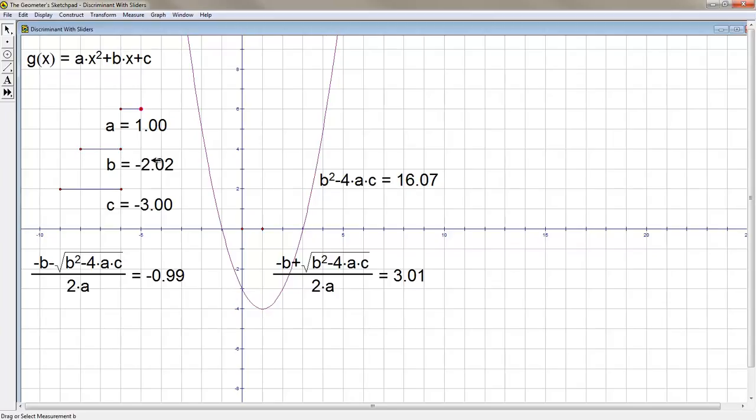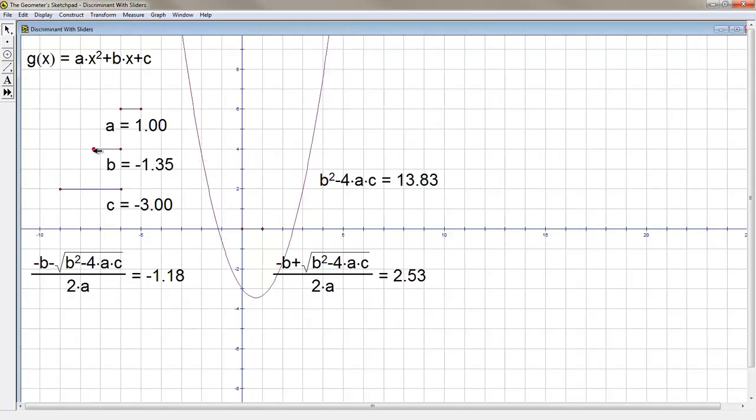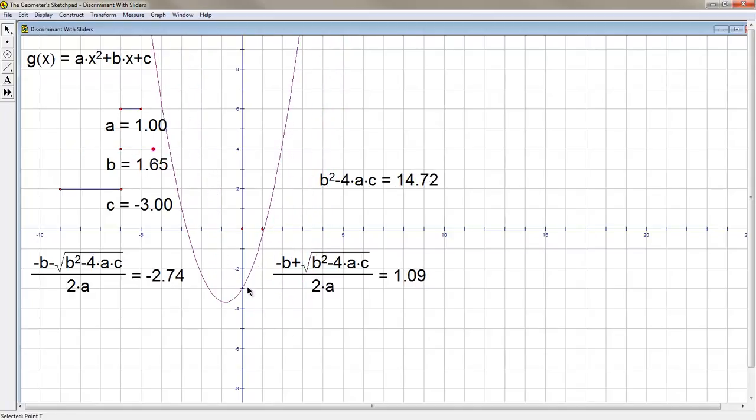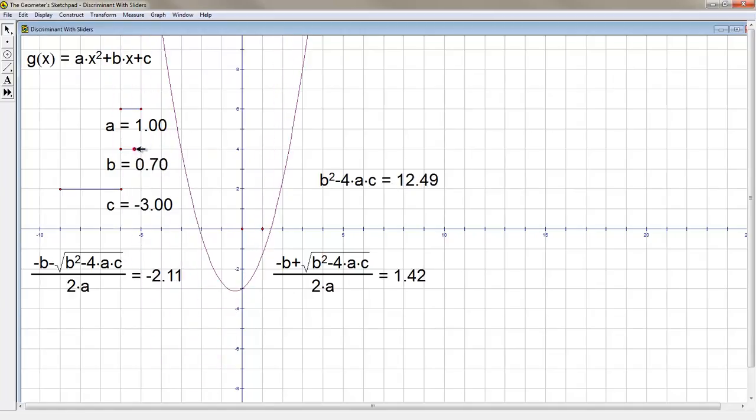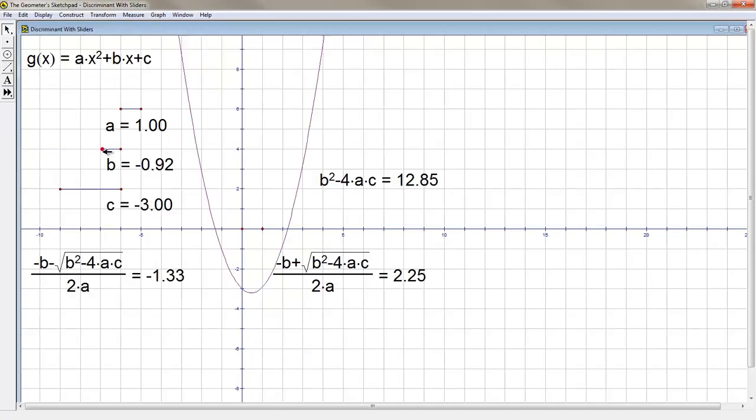So let's do the b here. I've got b at -2 right now. When I change b, what it's kind of doing is rolling on that intercept. See, that's the y-intercept right there. It's -3. Changing the b value doesn't change it at all, but it kind of rolls around that intercept.